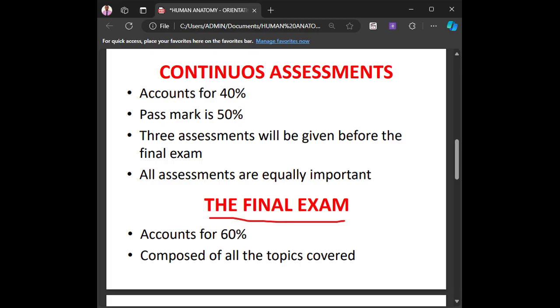Gross anatomy, because when you start practicing, you will find that you focus much on the gross aspect. So gross anatomy will take approximately 50% of the entire course. Then 50% will be shared between histology and embryology.